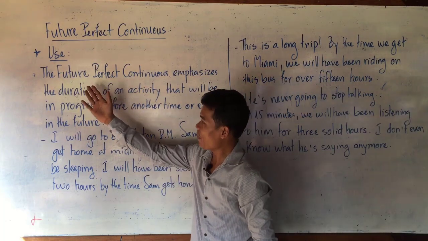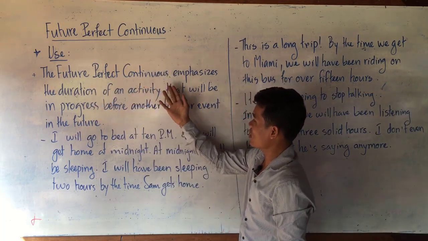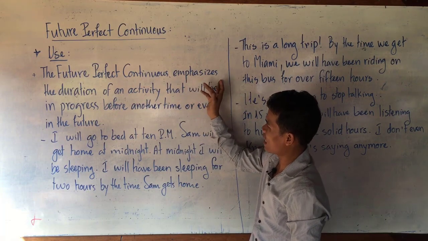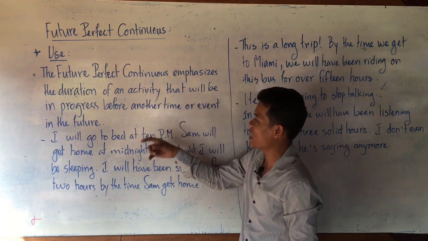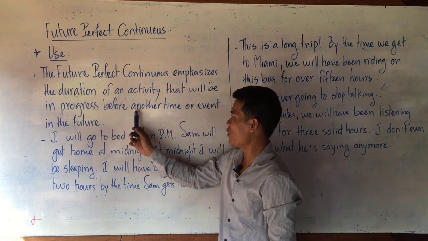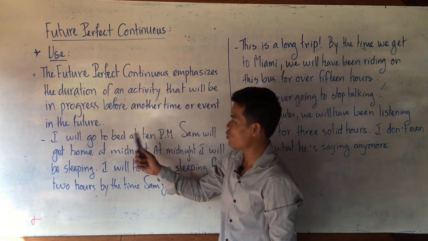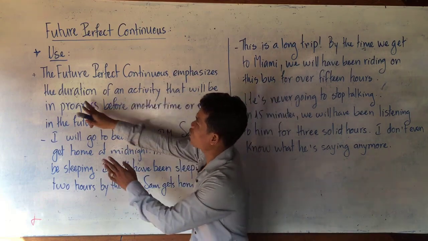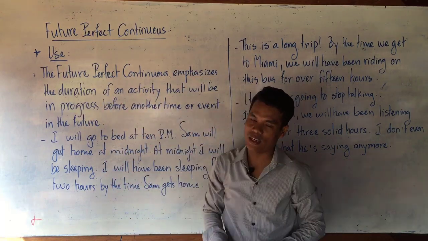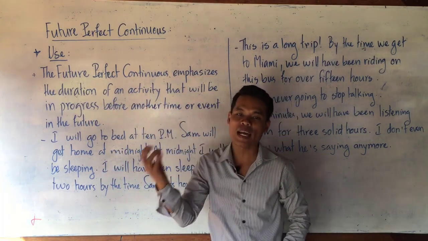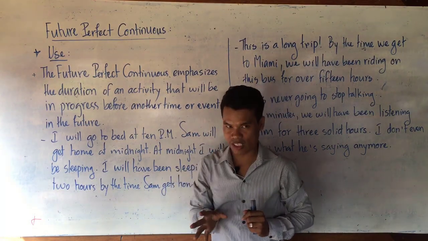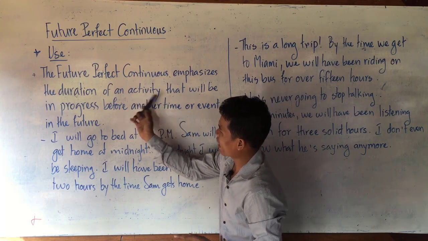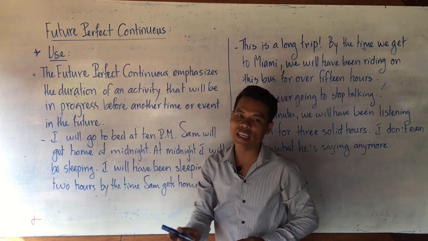Again, the future perfect continuous is used to emphasize the duration of an activity that will be in progress before another time or even in the future. We refer to the duration of an activity: for 1 hour, for 2 hours, for 3 months, for 3 years. In progress means that it is continuing.